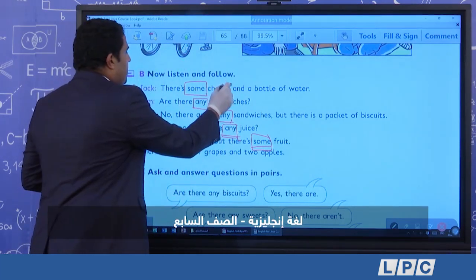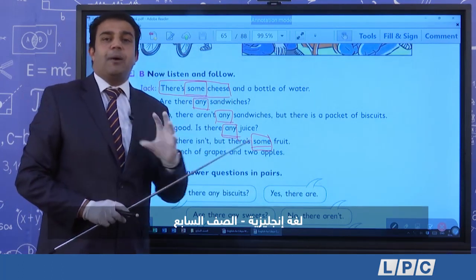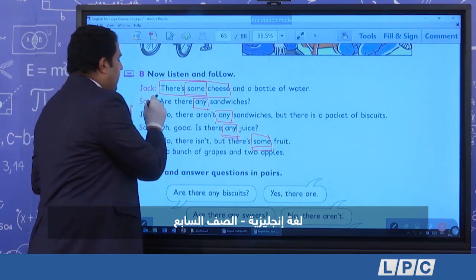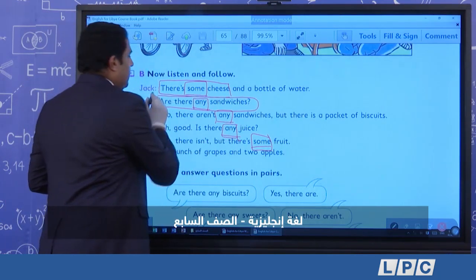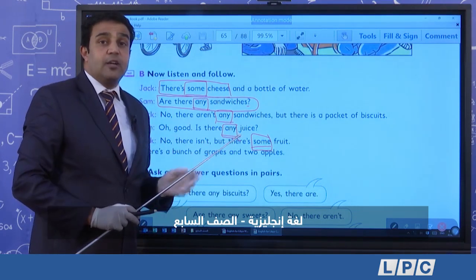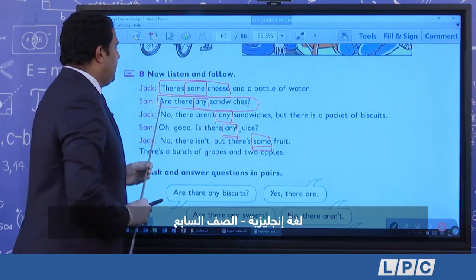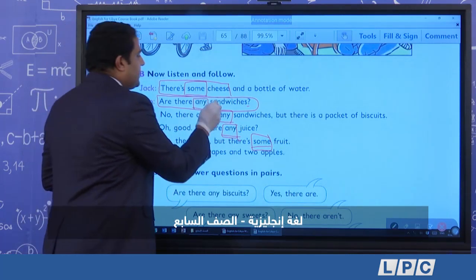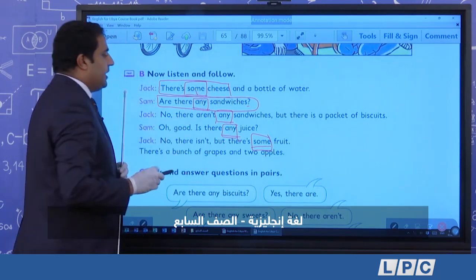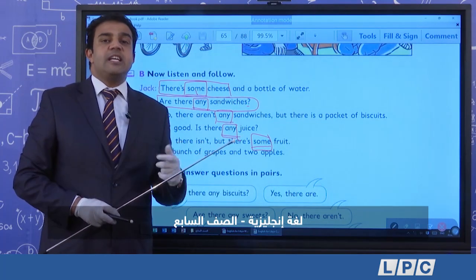In the positive sentence, when I have something specific, we say يوجد بعض. Now look at the end of this sentence: what's the end? Question mark, so it's a question. What is the difference? Here there is some and here there is any. The opposite of some in negative and question is any.